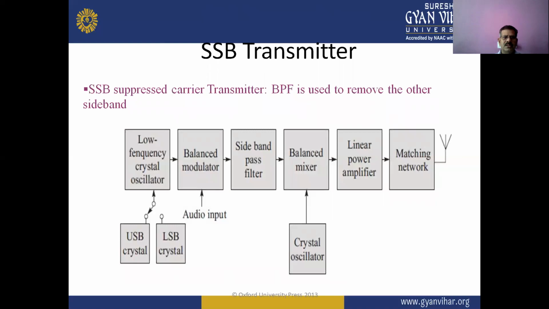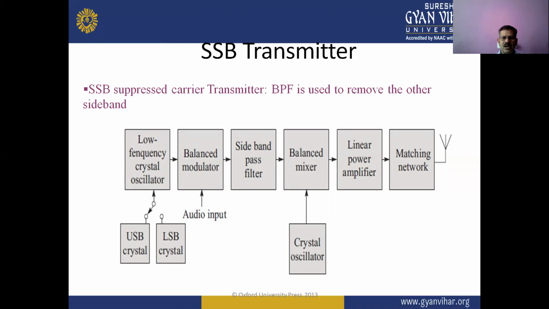So in the SSB suppressed carrier transmitter, a band pass filter is used to remove the other sidebands. Here, a low frequency crystal oscillator, and also the USB crystal and lower sideband crystal, are connected to the low frequency crystal oscillator. Here is an audio input that is applied to the sideband pass filter, and the output of this sideband pass filter is applied to the balance mixer.